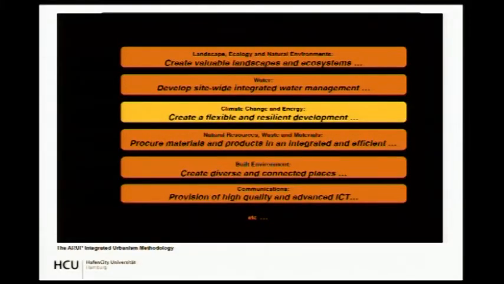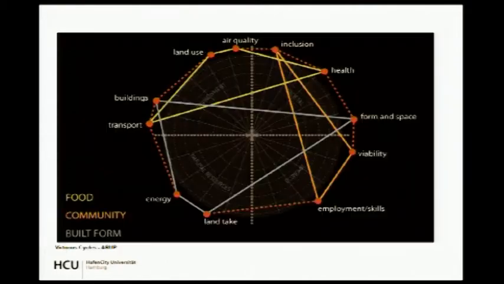Out of these general principles, you come up with fairly tangible or more tangible, less poetic, say, development goals. So you break them down into the disciplines of landscape or water, energy, natural resources. You create more valuable landscapes, etc. So each of the planners would have clear targets to work towards.